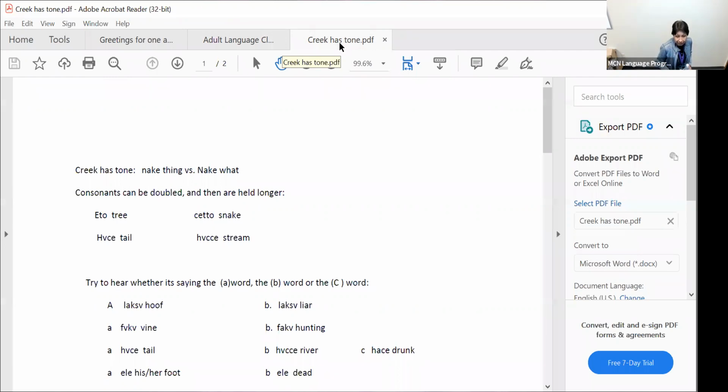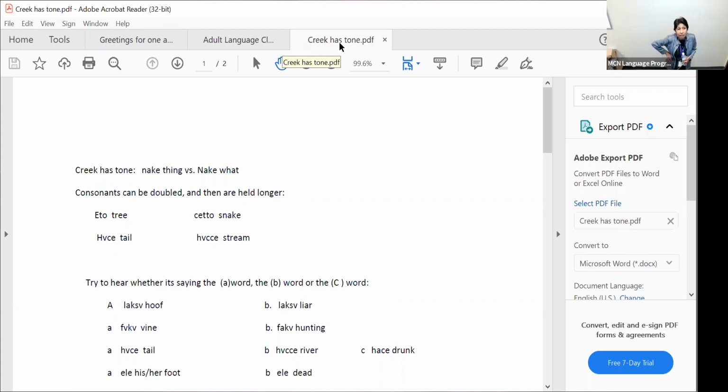Moja. I bet you can't find that in those sounds. Okay. Creek has tones. Nagi, sing. Nagidi, hear that tone? Nagidi, what is that? Nagin, nagi is what? Hear that tone, okay?